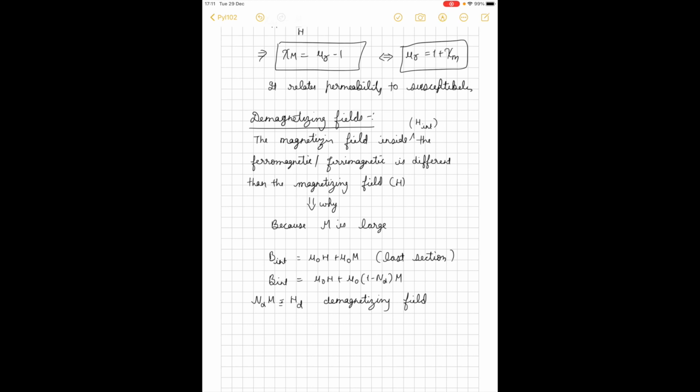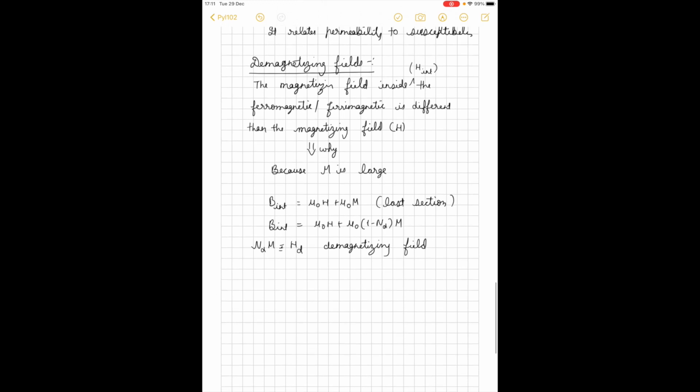All right, so this Nd M in the above equation decreases the magnetic induction by partially neutralizing the external field H for the magnetization M. And this Nd is called the demagnetizing factor.